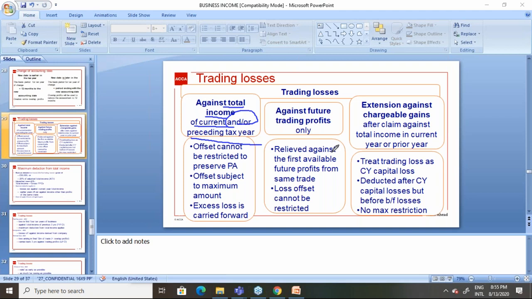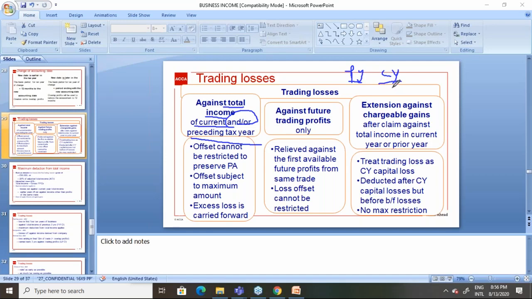Without carrying forward, if you want, you can set off your trading loss against total income of the current year and or the previous year. You can decide whether you want to set it off against the current year or the previous year.